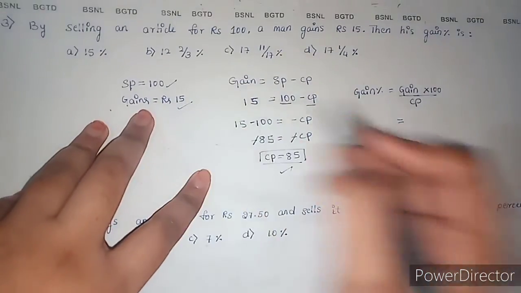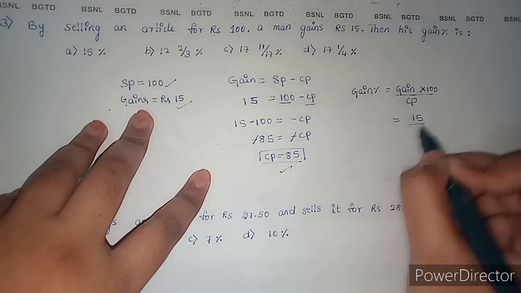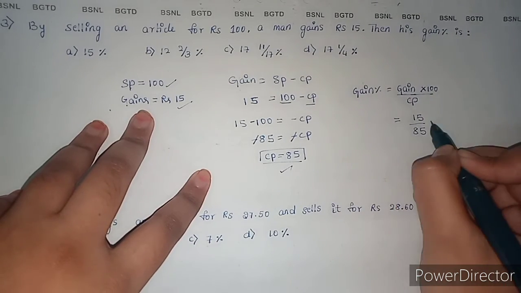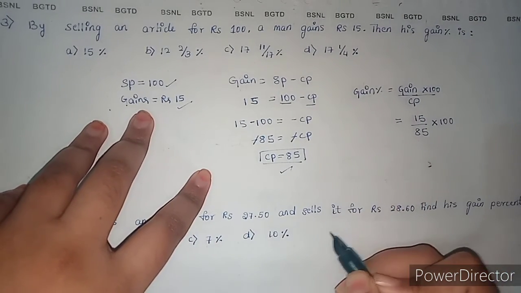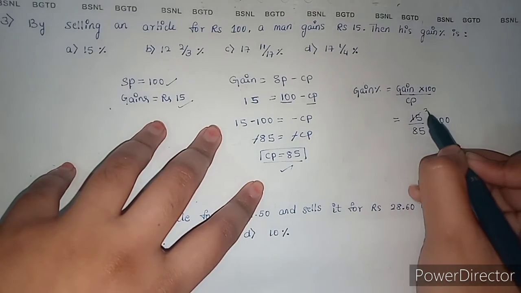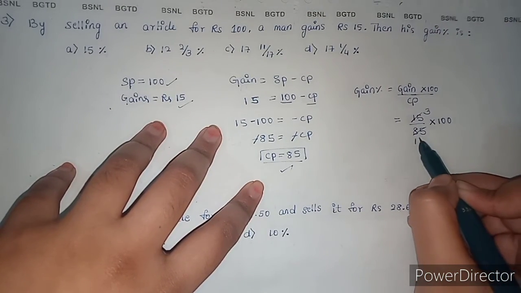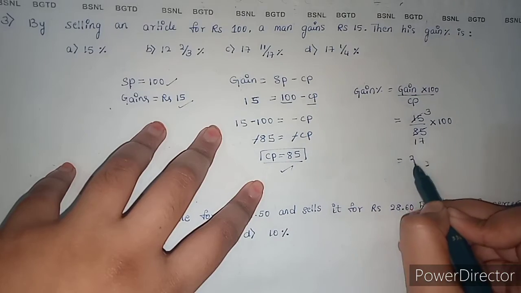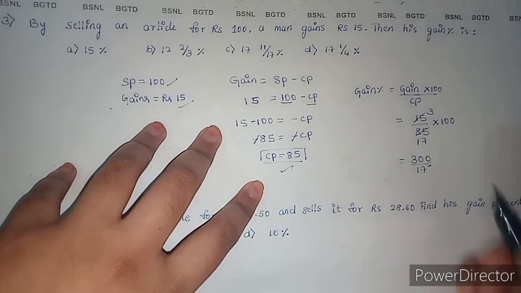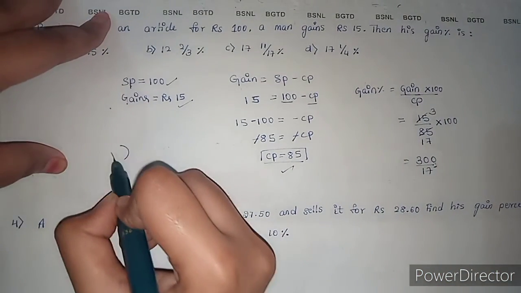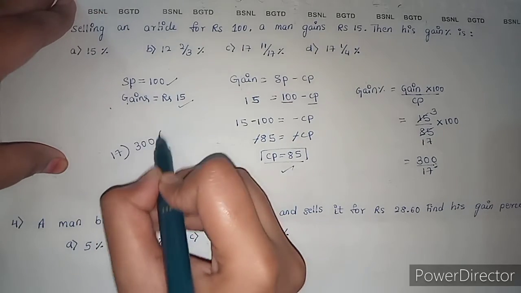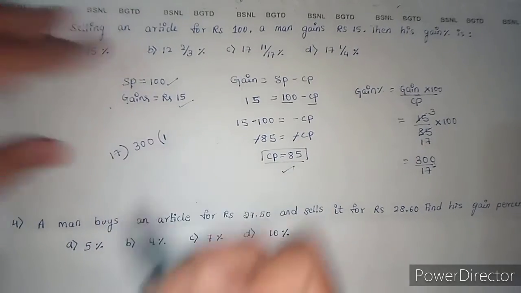Gain is given in the question itself, 15. Cost price we just obtained, 85. 5 3s are 15, 5 17s are 85. 300 by 17.